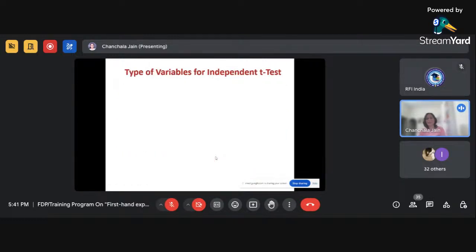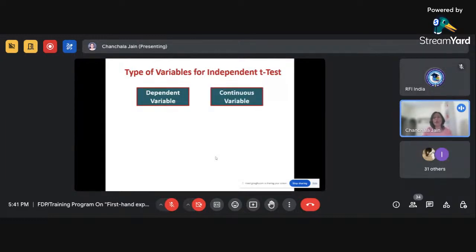Now the next slide talks about the nature or type of variables we need to have to perform the independent samples t-test. The basic requirement is that we need one dependent variable, and this variable should be a continuous variable, that is, a numeric variable, right?